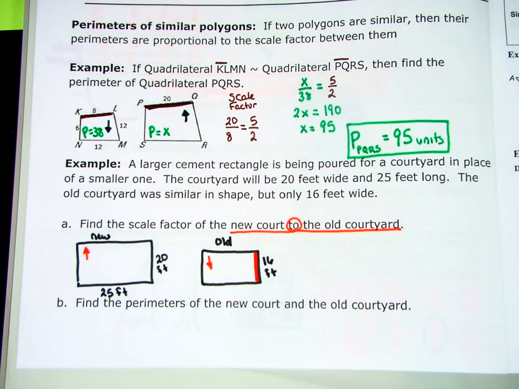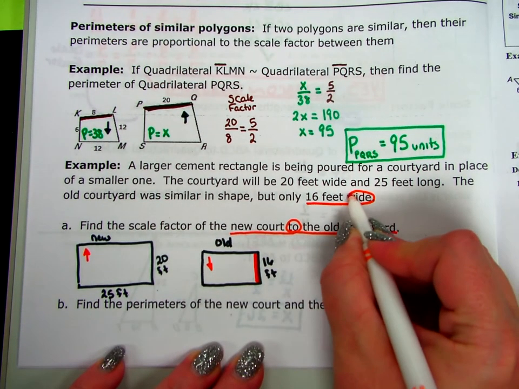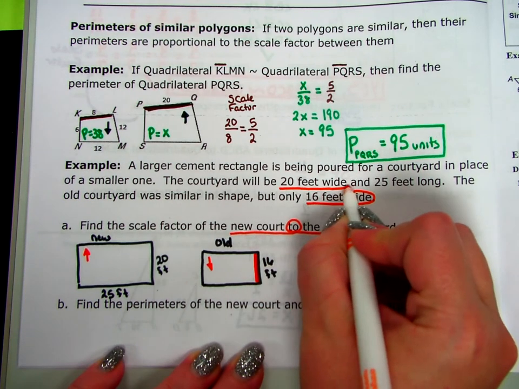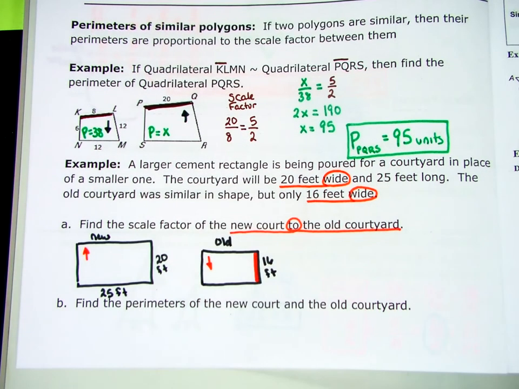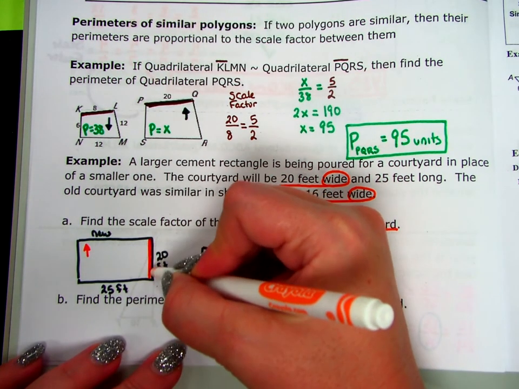What is that 16 going to match up with? The 20, right? Because it's 16 feet wide and it's 20 feet wide. So I know those are my corresponding pieces, they're both the width of the rectangles. So those are the two I'm going to match up.